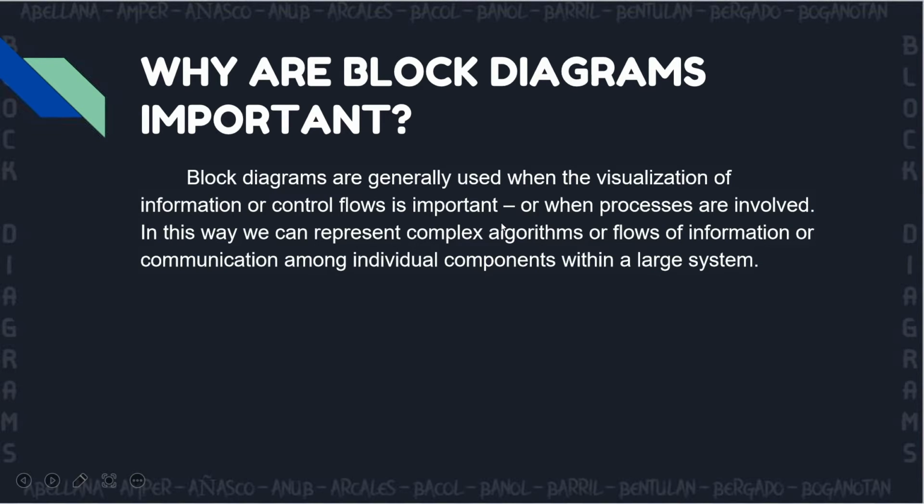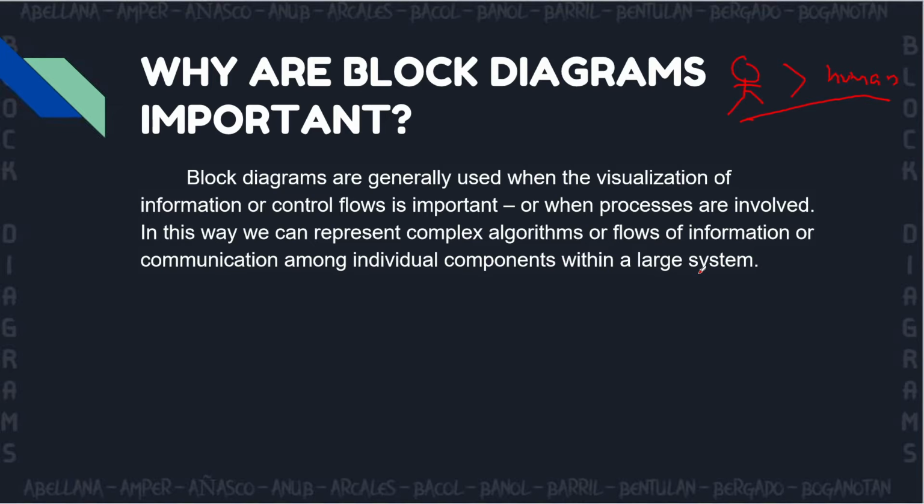In this way, we can represent complex algorithms or flow of information or communication among individual components within a large system. As we all know, a graphical or pictorial representation of something is much better than the textual or written format. Much like we want things that we can see rather than hearing those things.